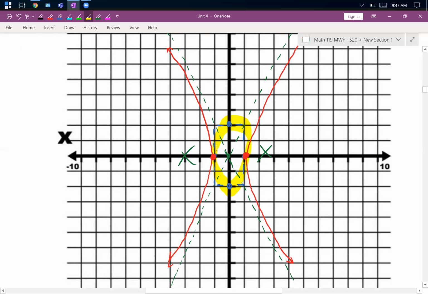So just thinking of what your shape is and where the foci are located, if you use the wrong formula, you're going to end up with foci not where they're supposed to be. Either your foci for the hyperbola aren't going to be inside the branches, they're going to be inside the box instead, or for the ellipse, if you use the wrong one, your foci won't be inside your oval.